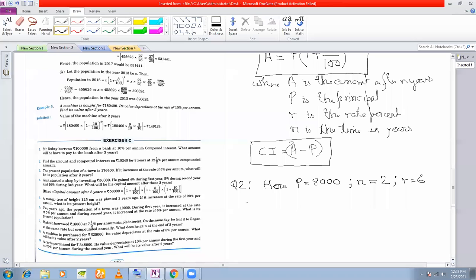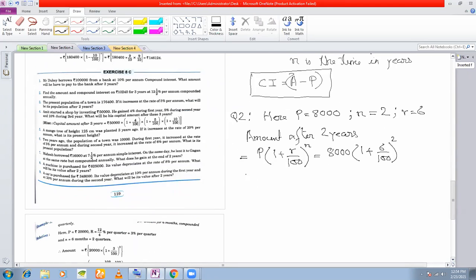Okay, so what will be the amount after 2 years? Amount after 2 years is equal to P into (1 plus r by 100) whole to the power of n. Now we put the values. P is 8,000, 1 plus r by 100, and n here is 2.